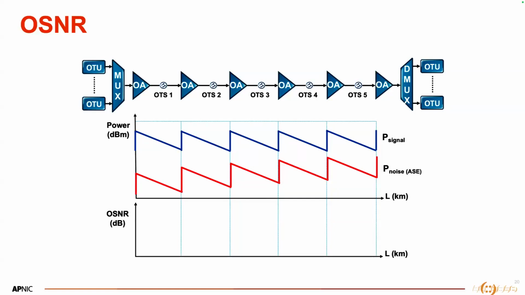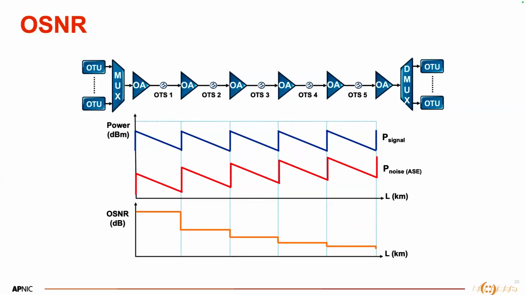So as time and distance go by and the signal keeps passing through different optical amplifiers, noise keeps getting added and builds up. As a result, the optical signal to noise ratio, OSNR, will start to go down, right?